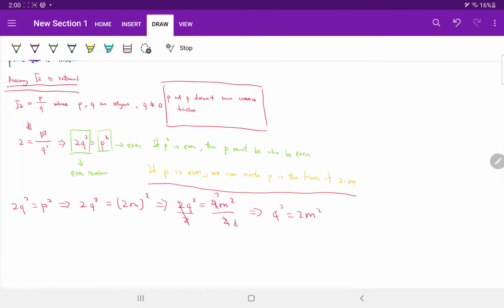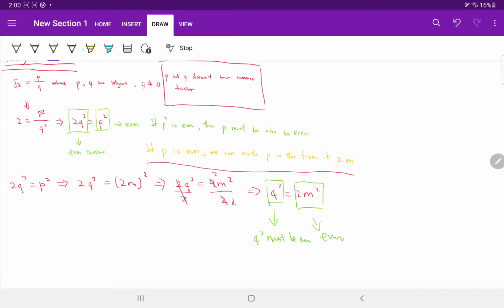If you look at this, it's interesting, because 2m squared is even, same as the reasoning I gave that 2q squared is even, right? Because we know that m is some kind of integer, and 2 times an integer must be an even number. So if 2m squared is an even number, now q squared must be even as well, right?